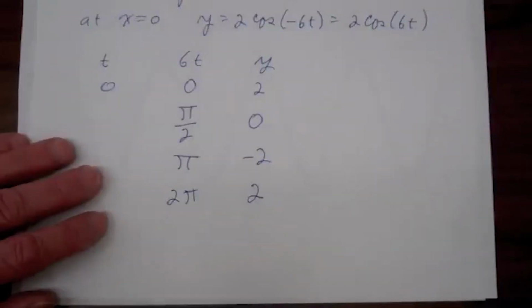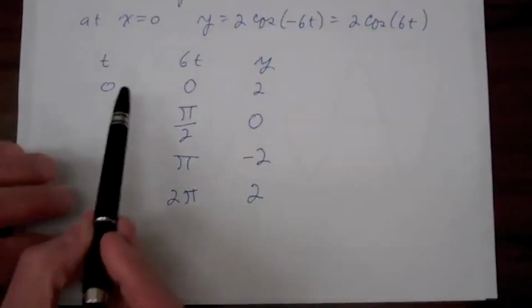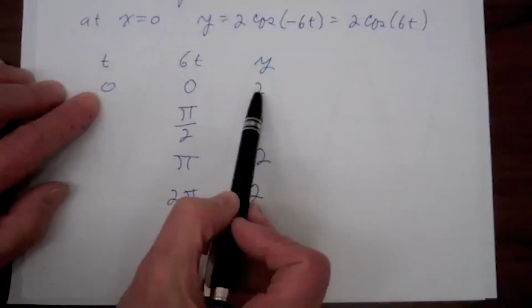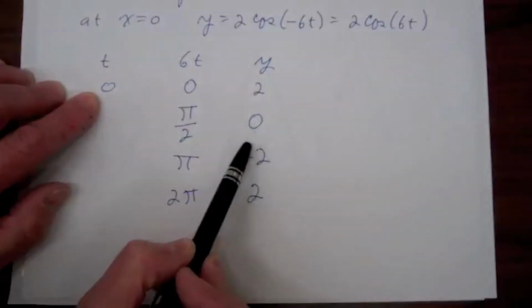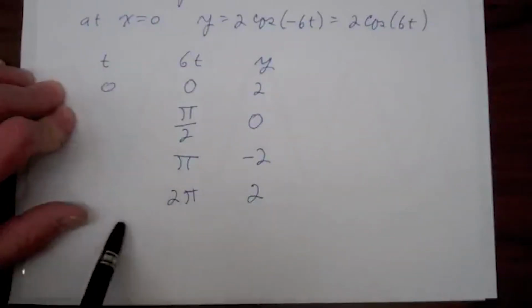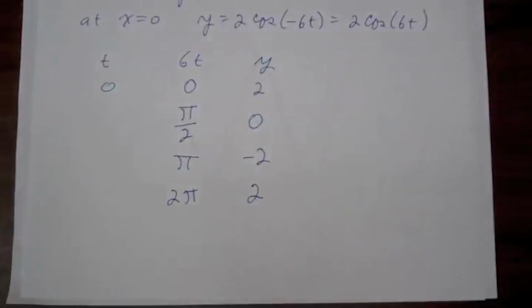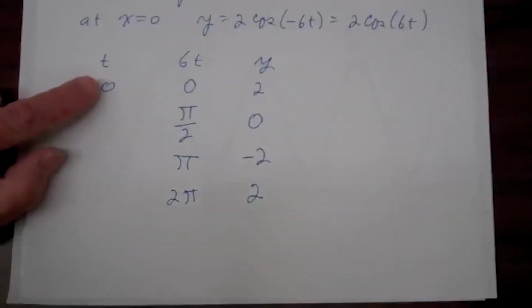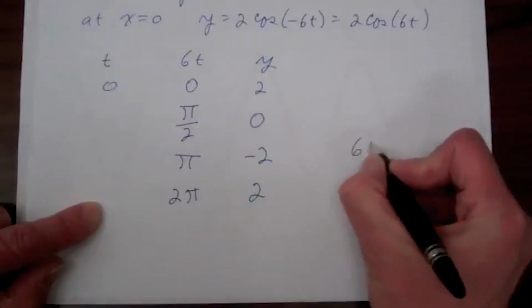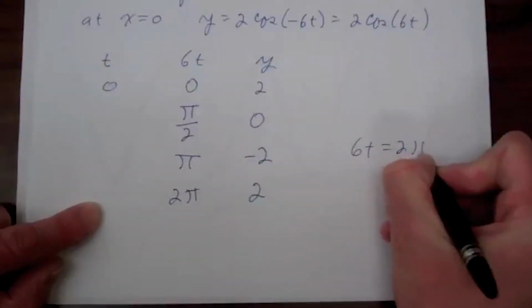Okay, so looking back here, at t equals 0, at location x equals 0, y has a value of 2. It oscillates down to minus 2 and then back up to 2. And so the time it takes that to occur is when t is equal to 0 to the value of t when 6t is equal to 2 pi.